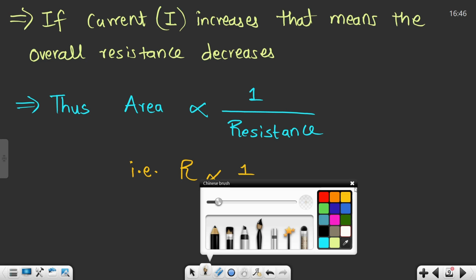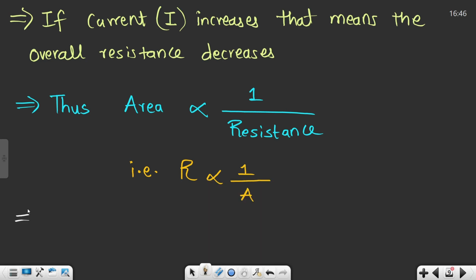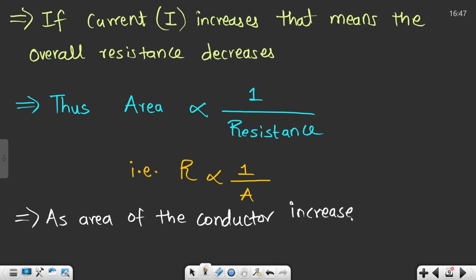Okay, in simple words, as the area of the material, or the conducting material for sure, of the conductor increases, what is going to happen?